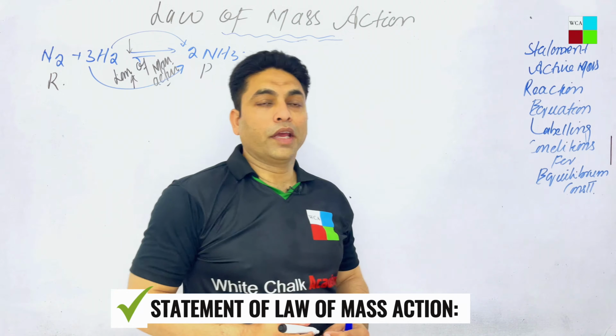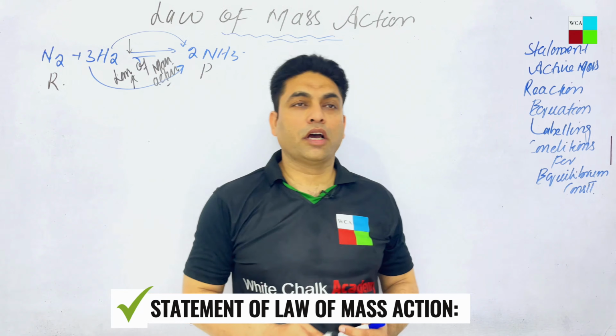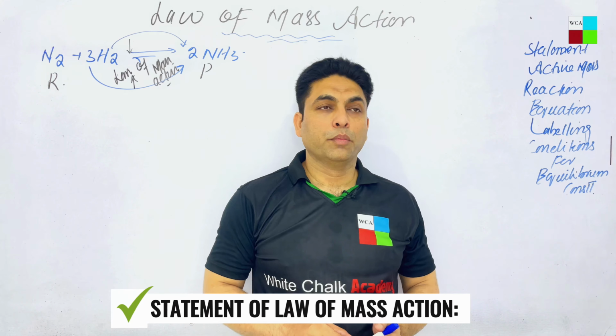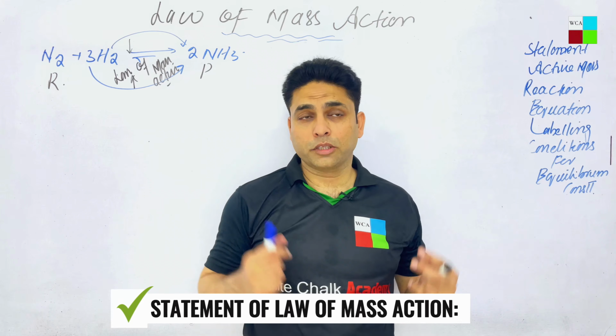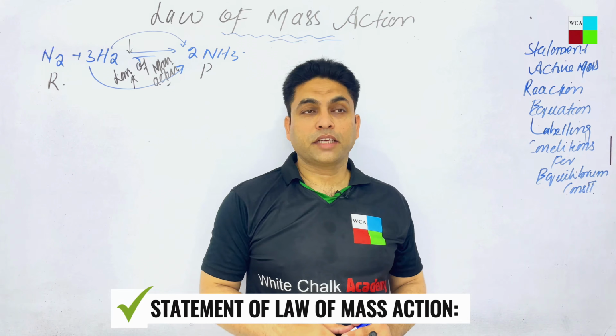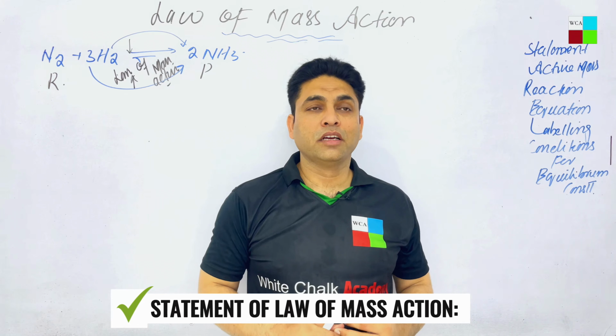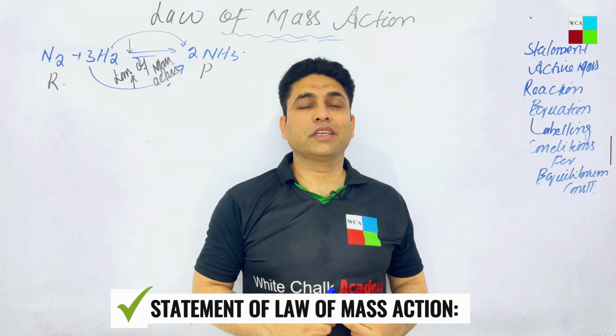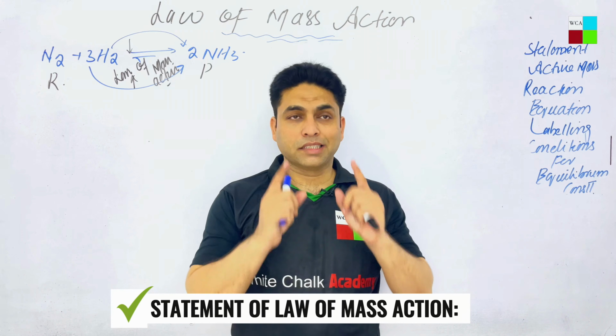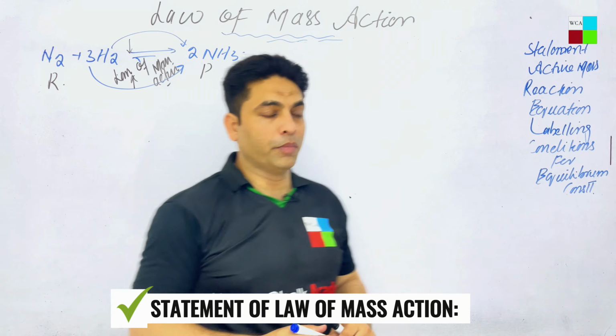We have a few equations which I am going to discuss, but before that let's move toward the statement. The law of mass action states that the rate at which a substance reacts is directly proportional to its active masses.